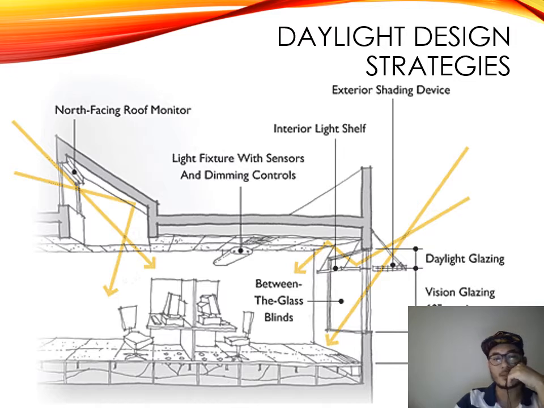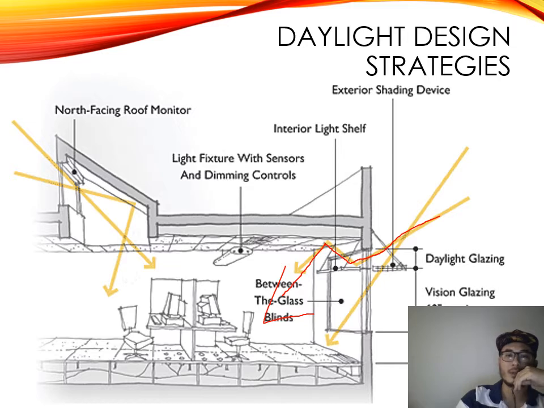This is again similar to the slides before, where when you have a summer sun, it will be shaded by the exterior shading device, and if there is winter sun, it will be reflected on the internal light shelf, and reflected again on the ceiling before it is scattered into the internal space.